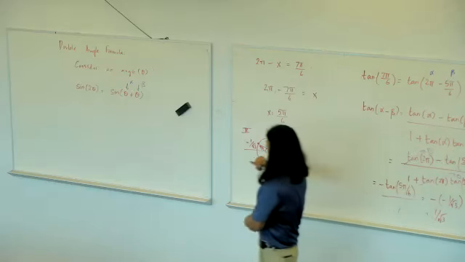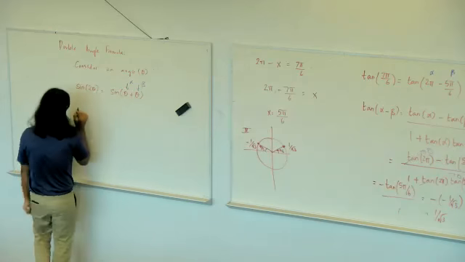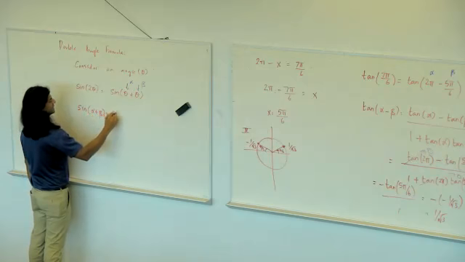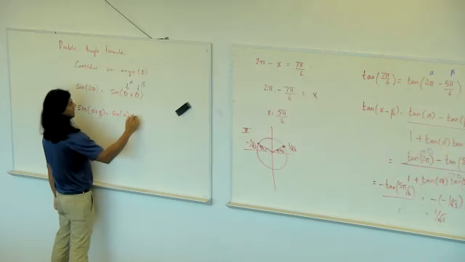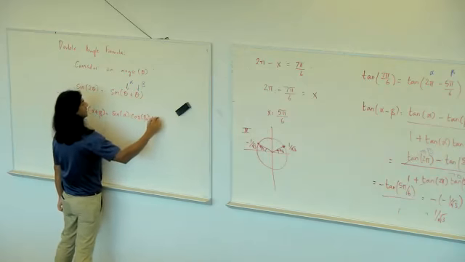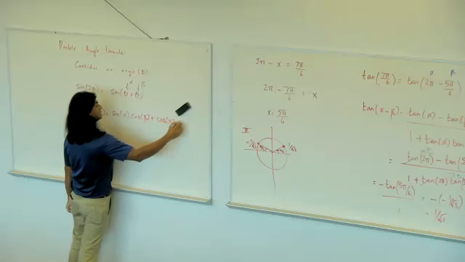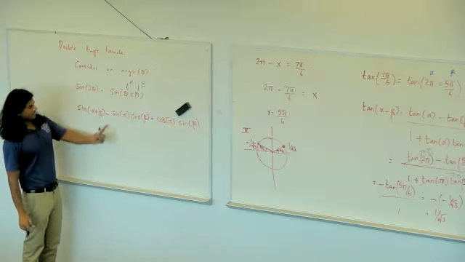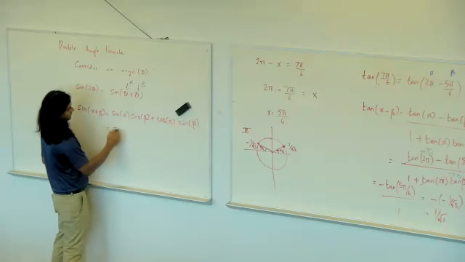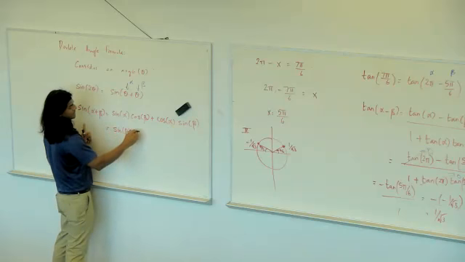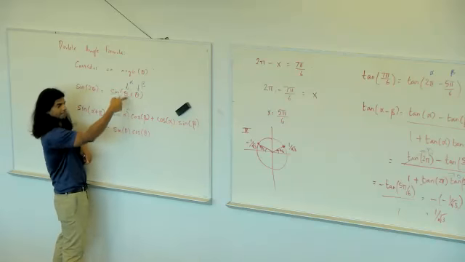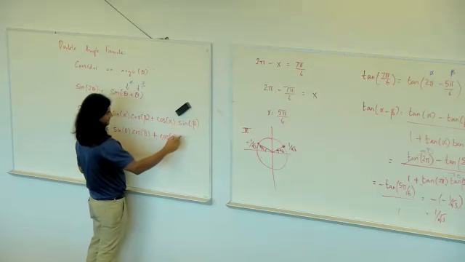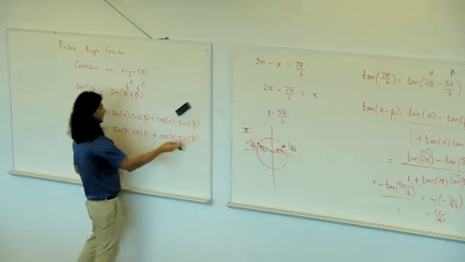So I know sine alpha plus beta is sine alpha cosine beta plus cosine alpha sine beta. Sine theta cosine theta, alpha is theta, beta is theta, cosine theta sine theta.